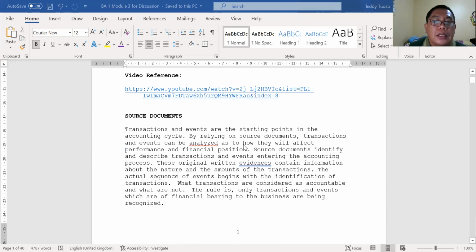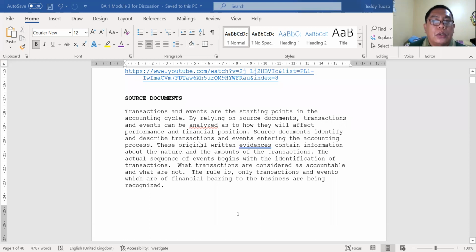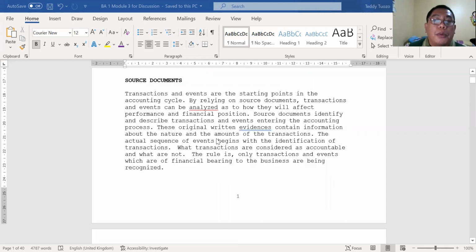Source documents. Actually, we have already taken up this one in module number 1. No, I don't know, was it really module number 1? No, module number 2. So these are the source documents that support every journal entry that you're going to prepare. So these are the supporting documents.